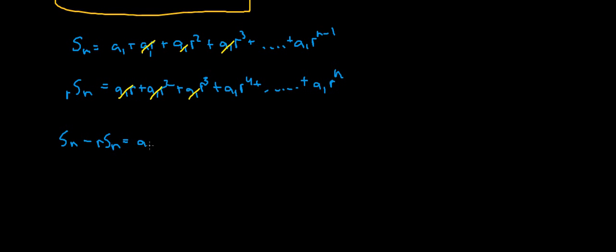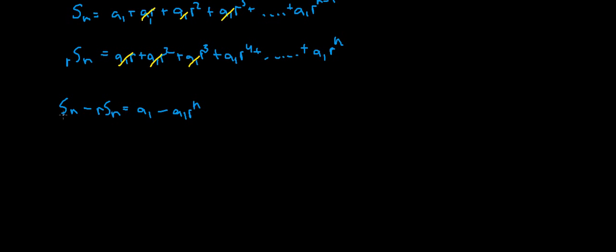So this will be a1 minus a1 r^n. And now I can just factor out some stuff and then divide. So Sn, 1 minus r is a factor: 1 minus r times Sn, which is the sum of this sequence.